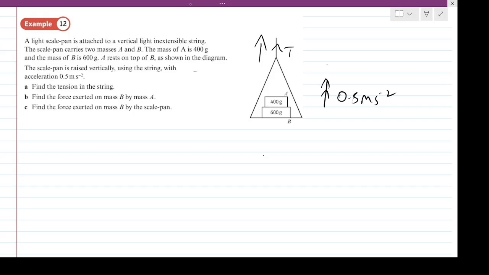Okay, so firstly, we want to find the tension in the string. Now, this is actually just connected particles that we looked at in the first half of the video. If we want to find the tension, all the things are connected together, right? A is on B, B is on the scale pan, so they're all connected as one, and the whole system is being connected by the tension.